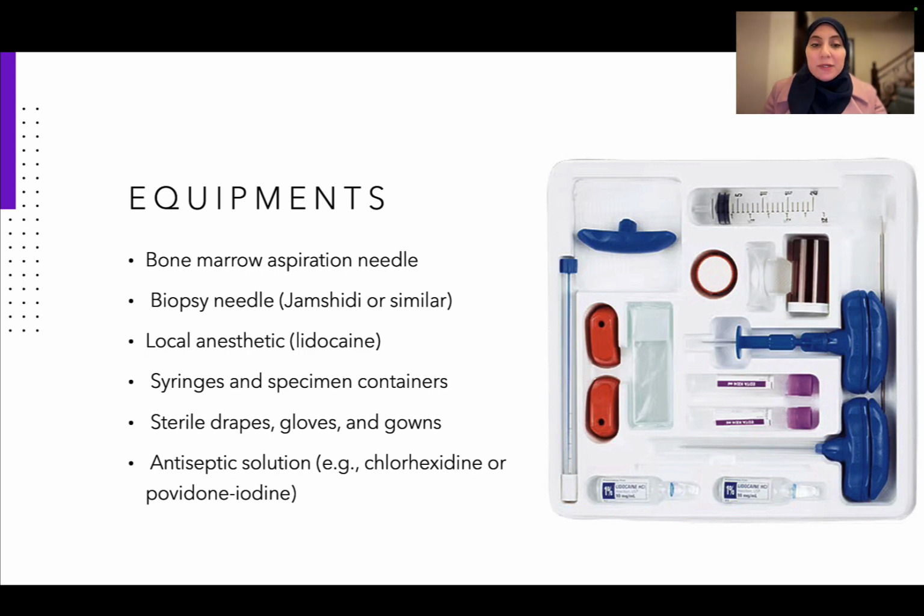You need multiple syringes and specimen containers. You need sterile drapes, sterile gloves, and sterile gown. And you need antiseptic solution like chlorhexidine or povidone iodine. You prepare all of this on a table nearby the patient.